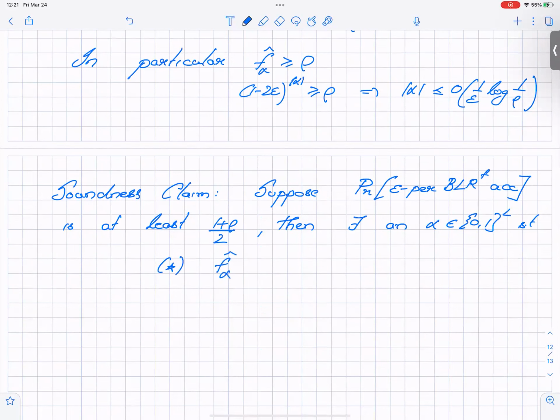Firstly, on that alpha the corresponding Fourier coefficient is very large, so it's very much focused on that. It's at least rho on that. And second, the size of alpha, that is the support of alpha, is less than the bound.